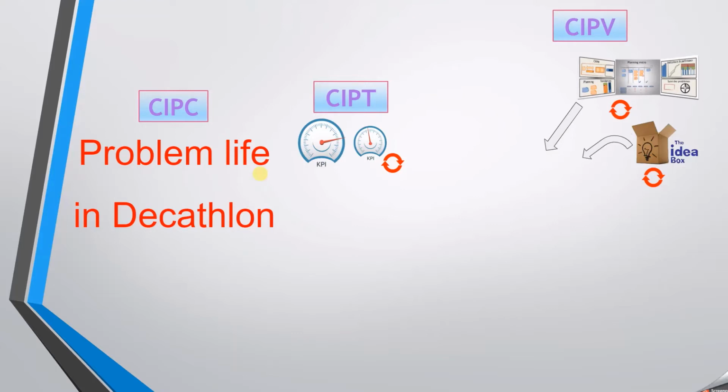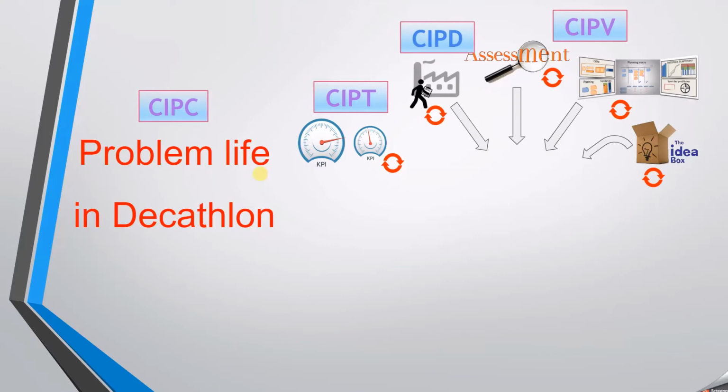The visual management is supported by the competency CIPV. You can also implement some assessment and the routine. And finally, you can implement some Gemba Walk routine, which is the topic of this training, CIPD.